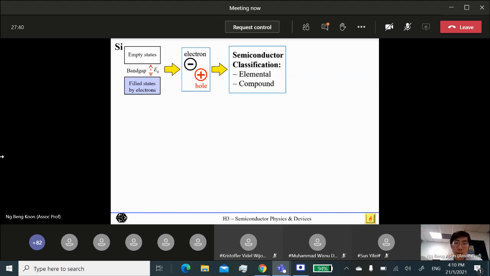Those that contain more than one element, two and above, are considered compound semiconductor materials, so things like gallium arsenide, indium phosphide, gallium nitride. There can also be 3 to 4 elements being used. It depends on what sort of property you need for your application, and generally you choose those that suit your specific application.